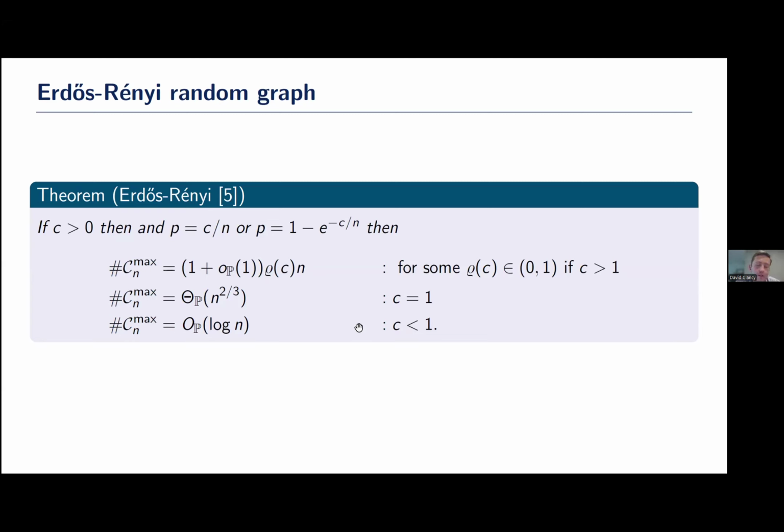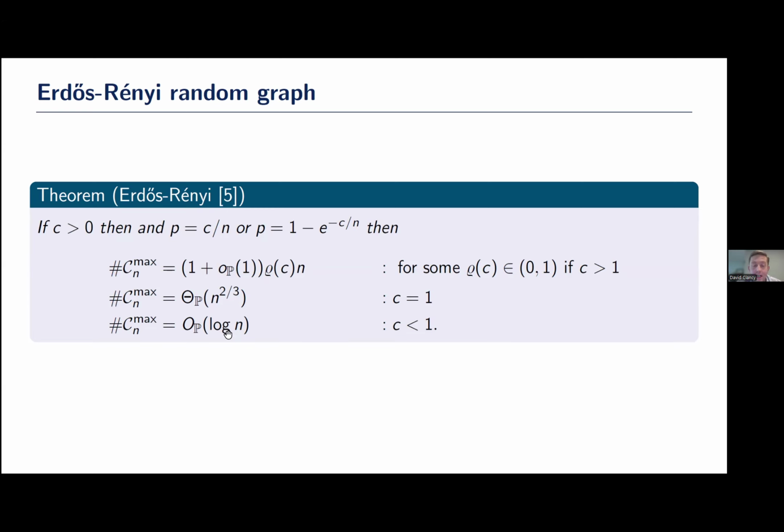In the Erdős-Renyi case, essentially everything is known. So if we look at the edge probability p being this constant over n, or 1 minus e to the minus constant over n, these are essentially equivalent models. Then what we see is that as c passes from strictly less than 1 to 1 to strictly more than 1, there's this double jump phenomenon.